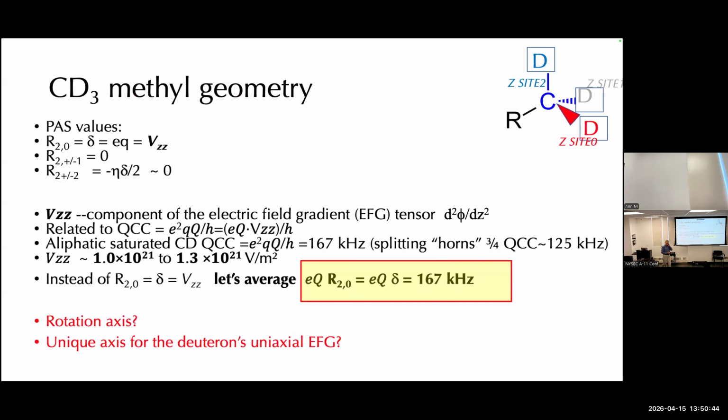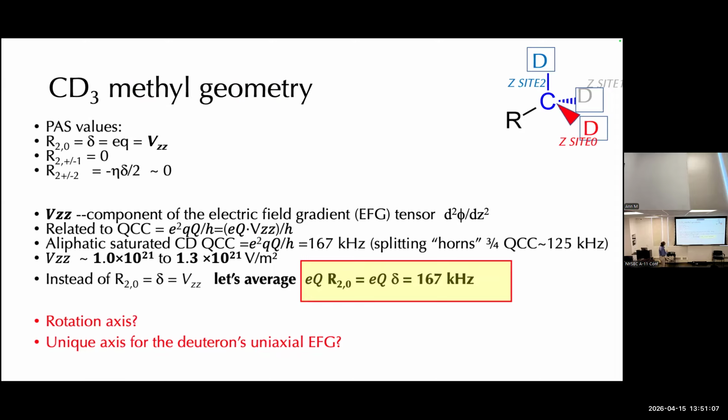For the deuteron, just to pursue this a little bit more, in the principal axis system, we have values for the different components of the spatial tensor: 2,0, the 2,plus or minus 1, and the 2,2 that we discussed a few minutes ago.